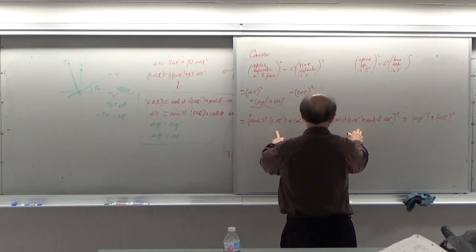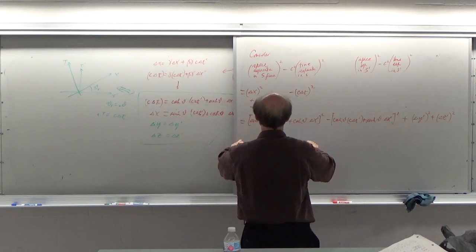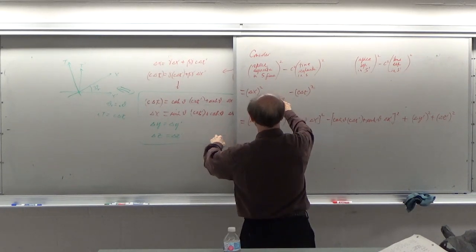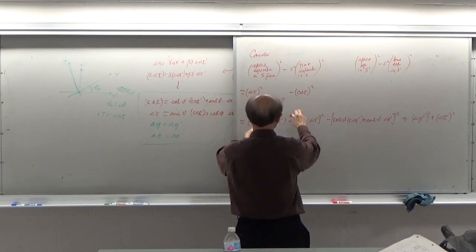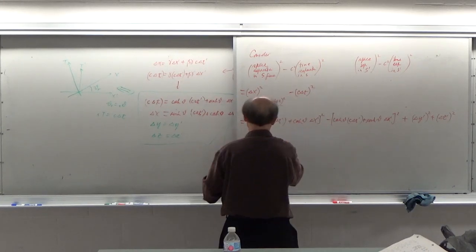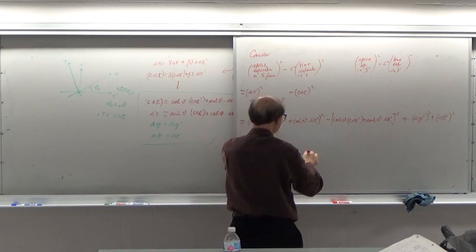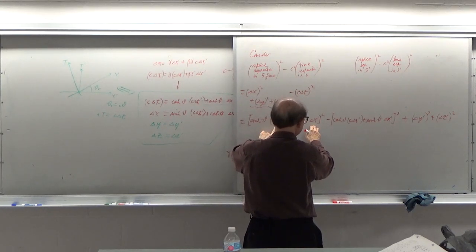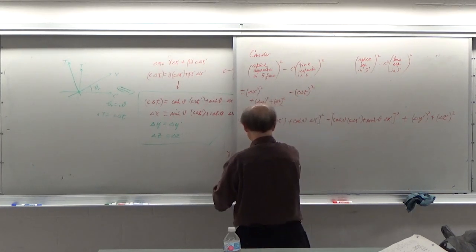Let me concentrate on this here. That's correct, it's minus. All right? So let me take a look at delta x prime squared.